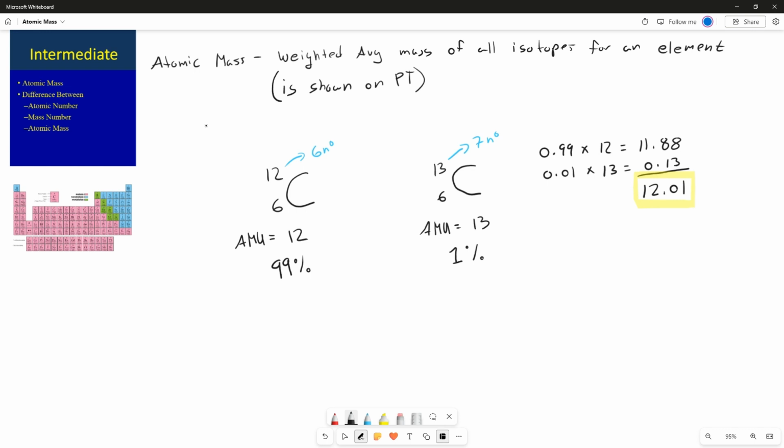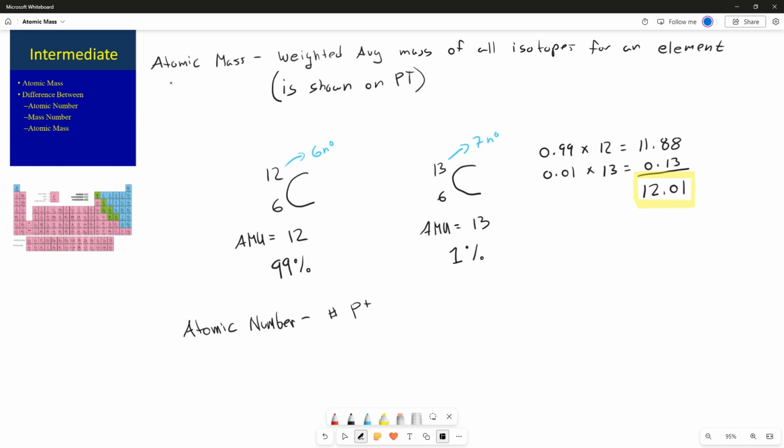So we already talked about the definition of atomic mass, weighted average mass of all isotopes for an element. But these other two terms kind of sound similar to atomic mass but have very different meanings. So what does the atomic number mean? Well, the atomic number is simply the number of protons in an atom.